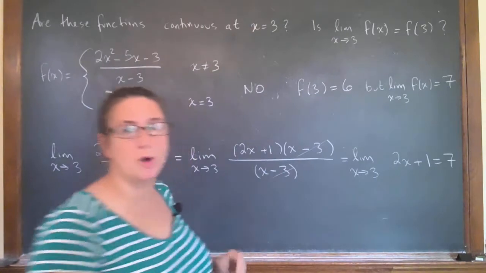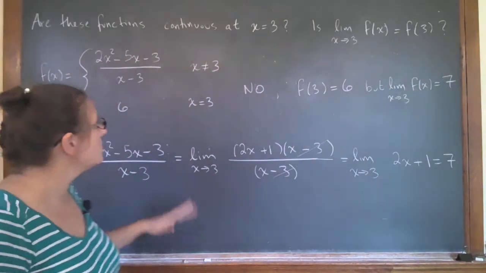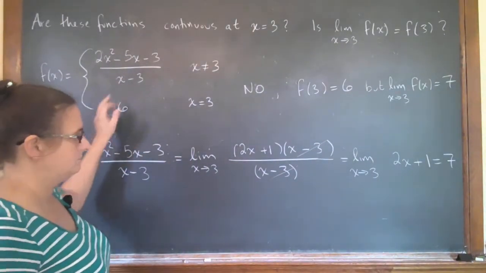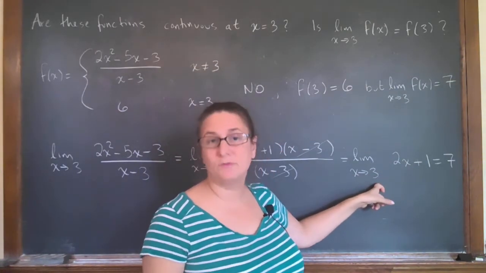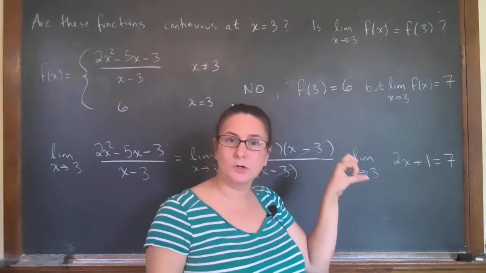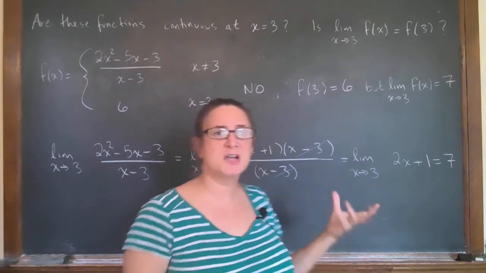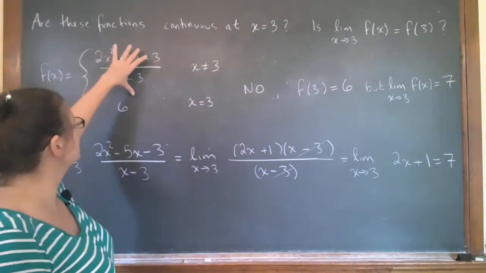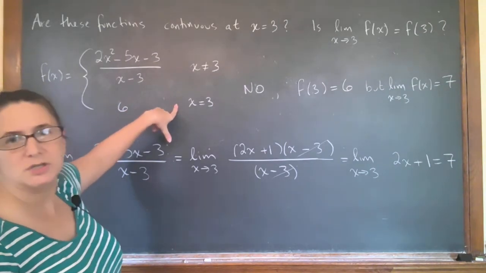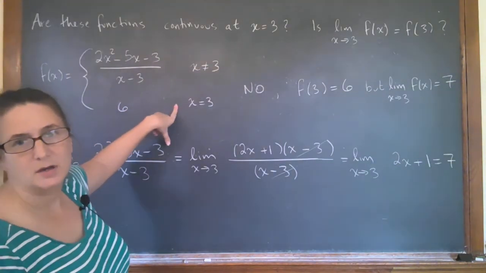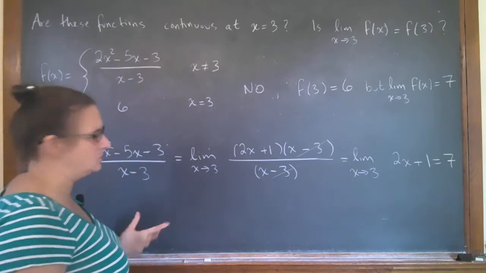If I did want to graph this, I would know that I'd have a line everywhere except at 3, and at 3 I'd have one of those removable points, like a little circle and then the dot. If you just stuck this into Desmos or into your calculator without doing this bit, then you just have the line and you wouldn't know what was going on, because they won't always tell you.